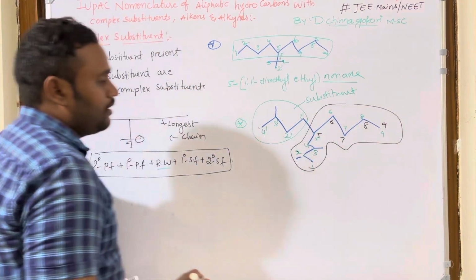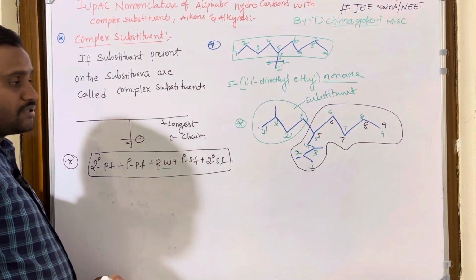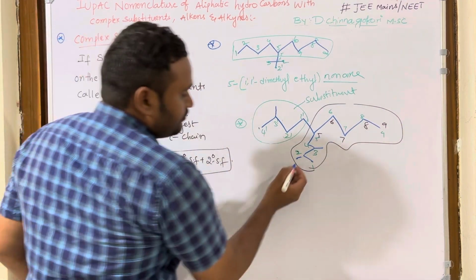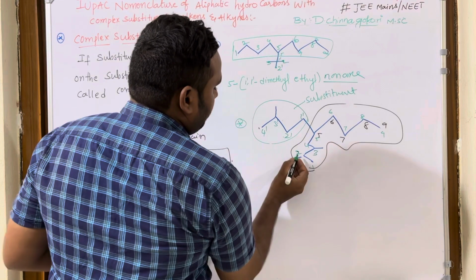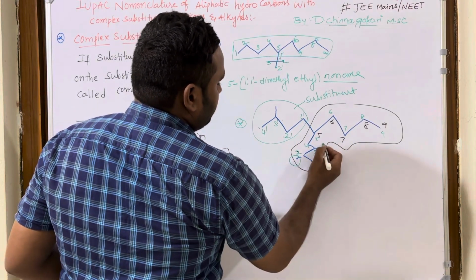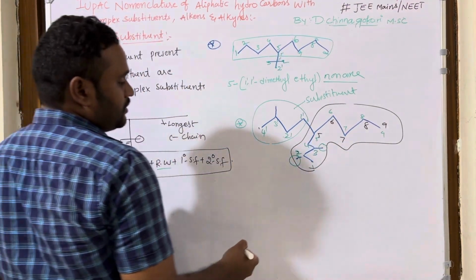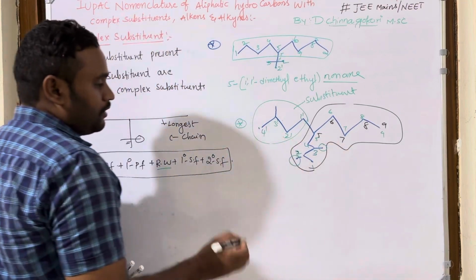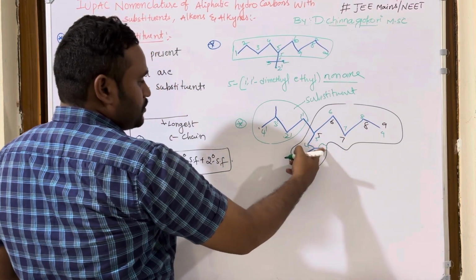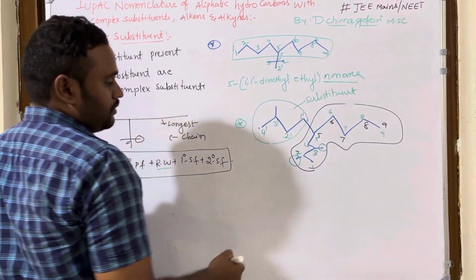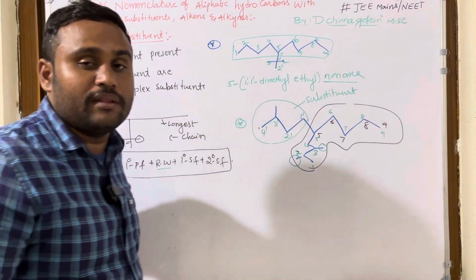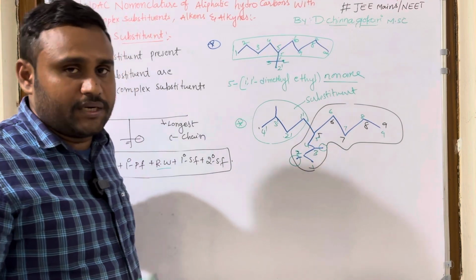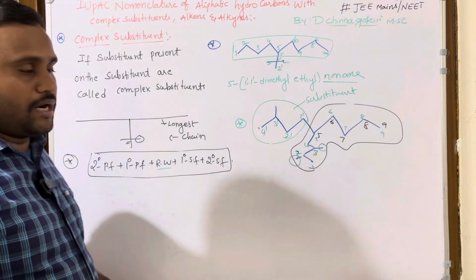First we should write the names of the substituents. Here we have a methyl substituent, and this is also a methyl substituent, only one carbon. When you have more substituents, we should write the names in alphabetical order. I explained that rule in the last video.